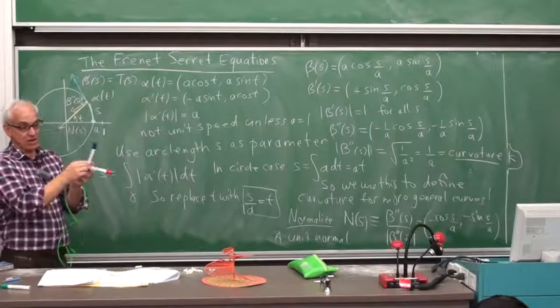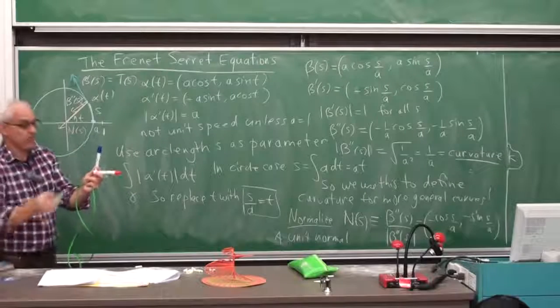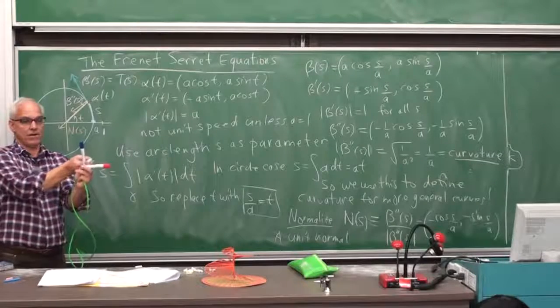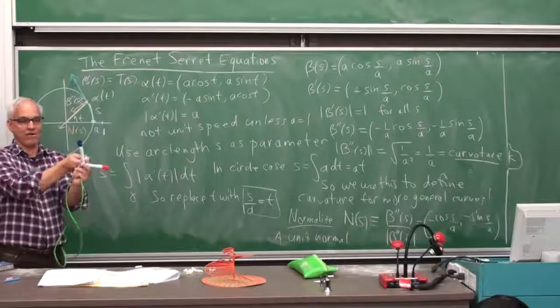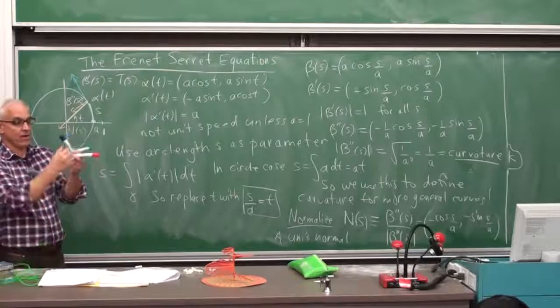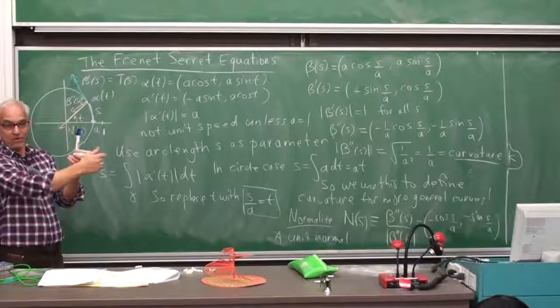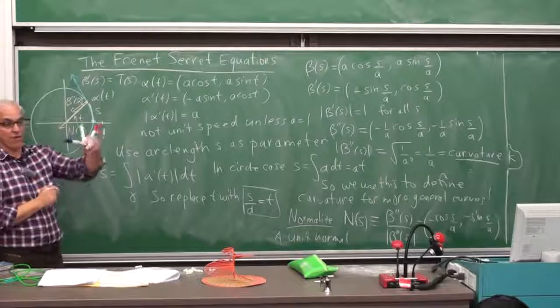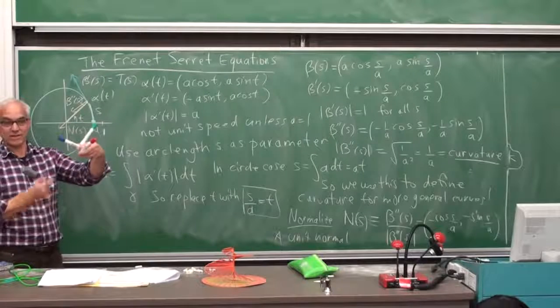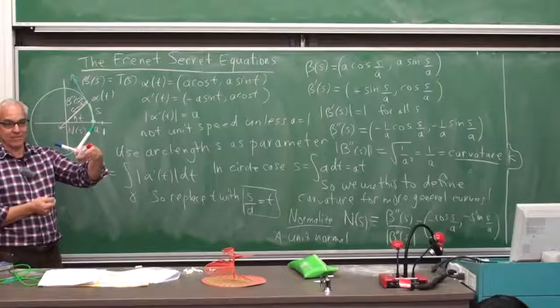And then in addition, with a right-handed frame, a third vector called the binormal vector, which together with the tangent and the normal vector is going to form a right-handed system of 3 unit vectors, like i, j, and k.